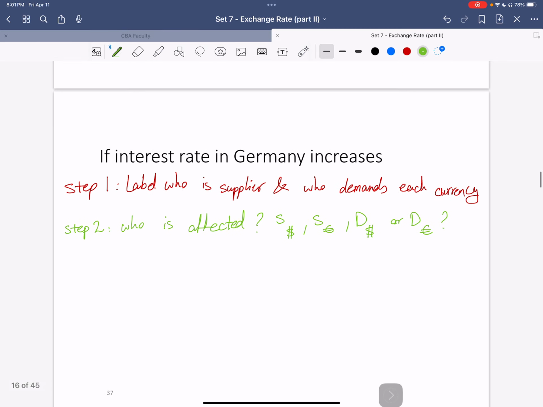So in the second step, when the interest rate in one country changes, both countries' citizens will be affected.